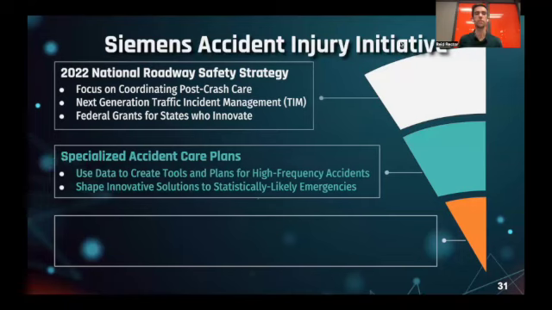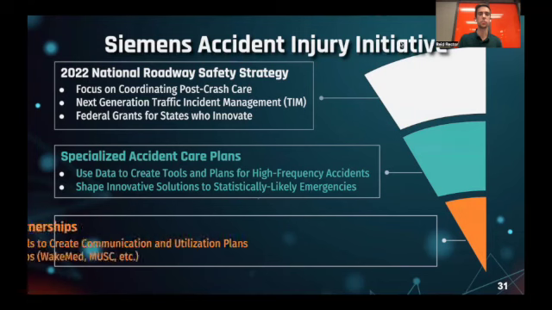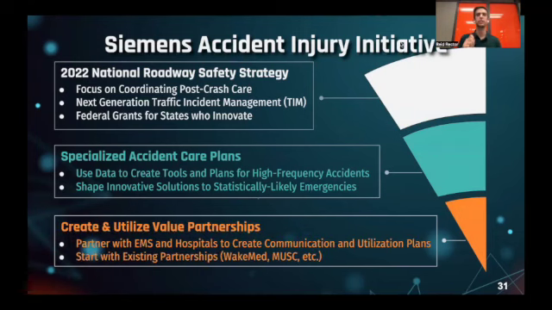I think Siemens has the perfect opportunity to create specialized accident care plans to ensure that you are using the Siemens Healthineers tools and plans to ensure that every single potential high frequency accident already has a plan in place, already has a tool in place, and can be saved through the Siemens tools. And I believe that through this, we can shape innovative solutions to statistically likely emergencies.